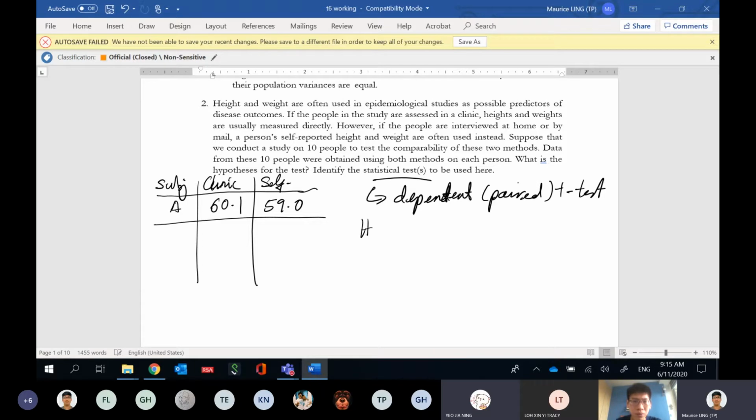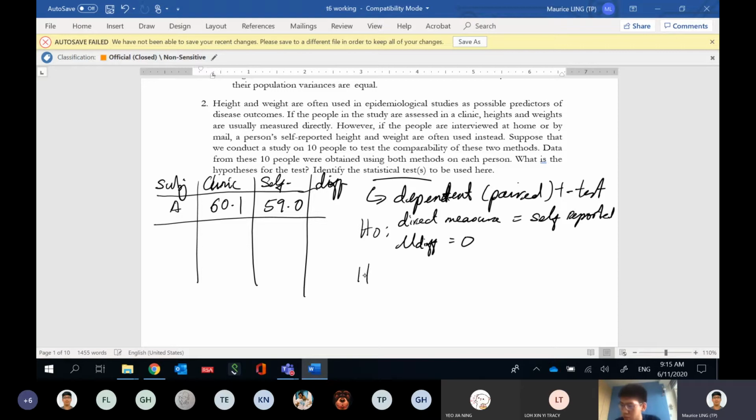Then what will be the hypothesis? What is the null hypothesis here? The directly measured is equal to the self-reported one. Okay, so essentially the direct measurement equals self-reported. Normally in this case, we look at the difference. The average of the difference is equal to 0.